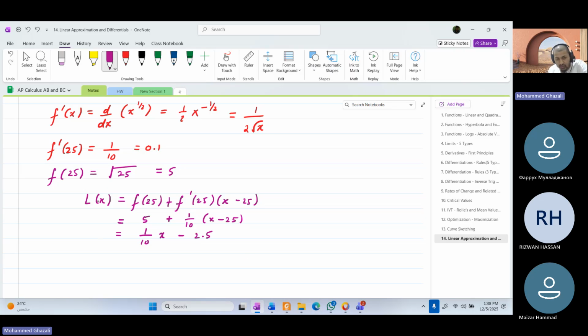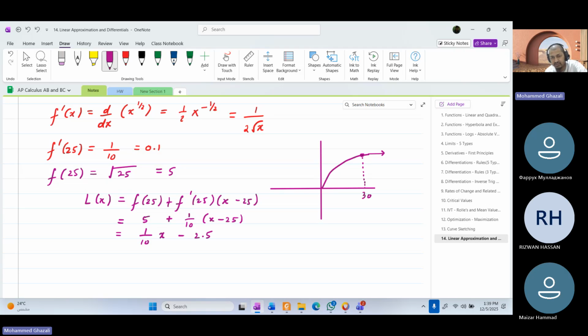So I've got this. Now, how does this linearization function help us? Currently what you have is the square root of x function, which looks like this. That's the reason why we did those types of topics first. Square root of x function is a radical function. So we can see 30 is somewhere around here. That's the actual value, 30.